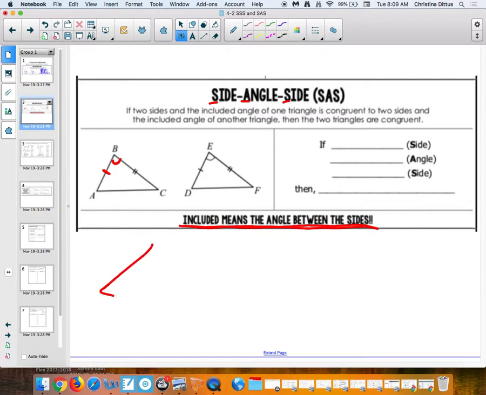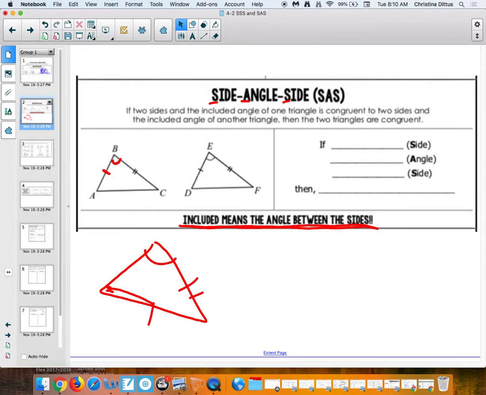Okay, so like if I had a triangle here, and I had this side, this angle, and then this side, this was a side, this was an angle, this was a side, but the next thing I run into after this isn't an angle. Okay, it has to be the one in between the sides. Okay, and that means directly in between. So I'd have to be given this side, not this one.